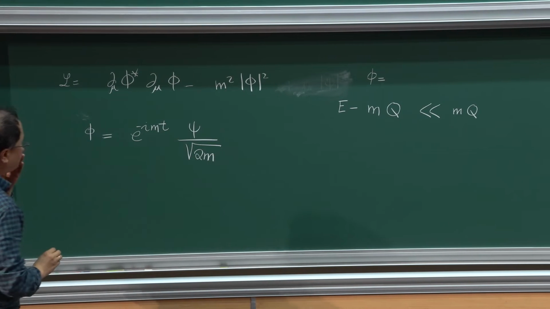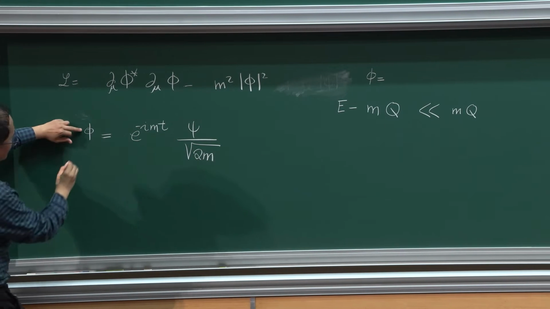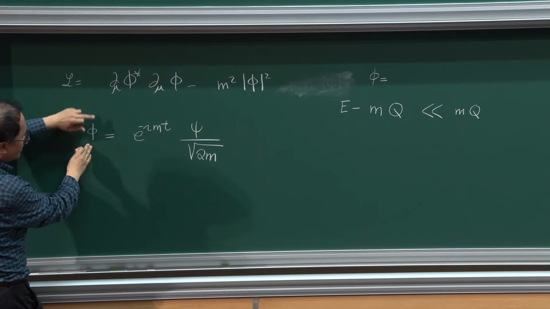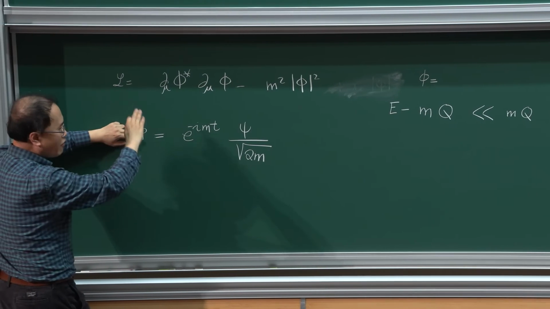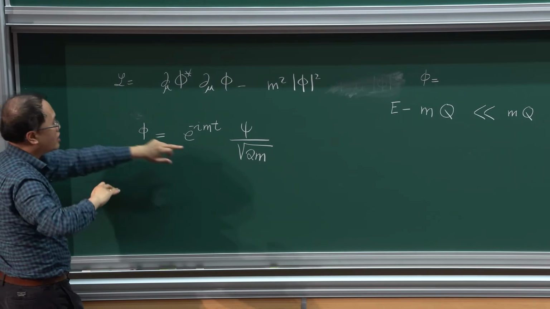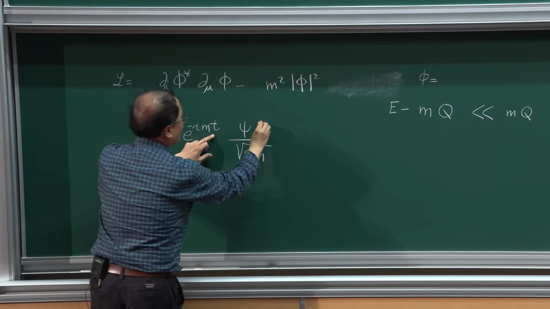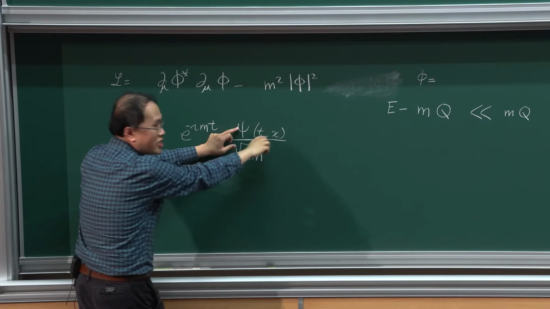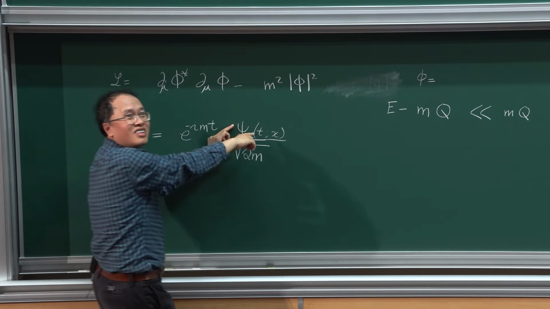So here is what is happening. In this non-relativistic limit, the function phi has a fast phase rotation in time, modulated by a function that is smooth in t.